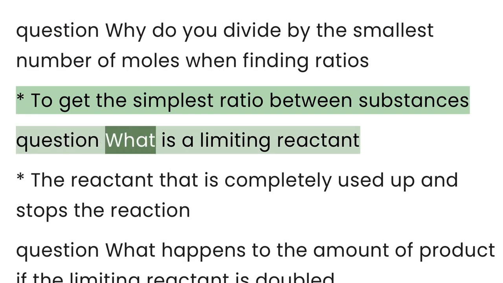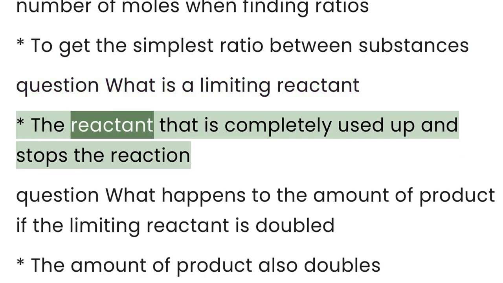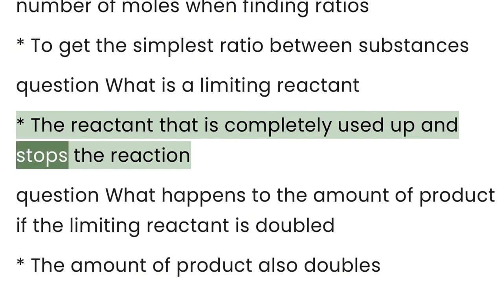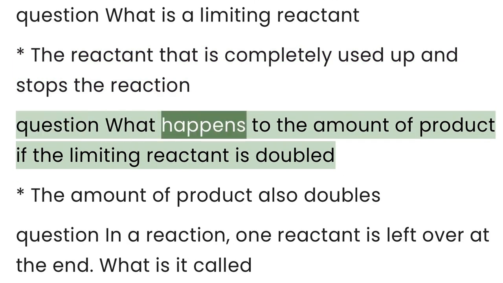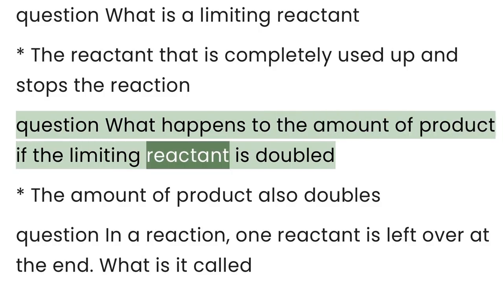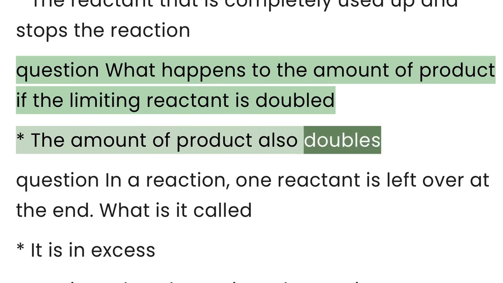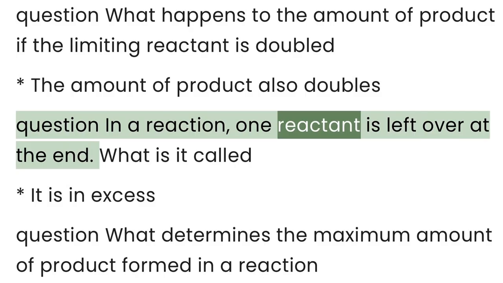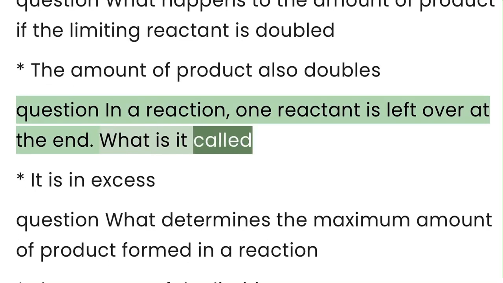Question. What is a limiting reactant? The reactant that is completely used up and stops the reaction. Question. What happens to the amount of product if the limiting reactant is doubled? The amount of product also doubles. In a reaction, one reactant is left over at the end. What is it called?